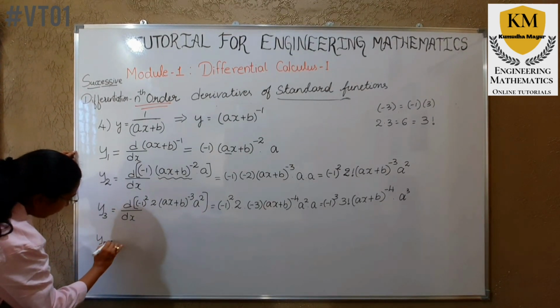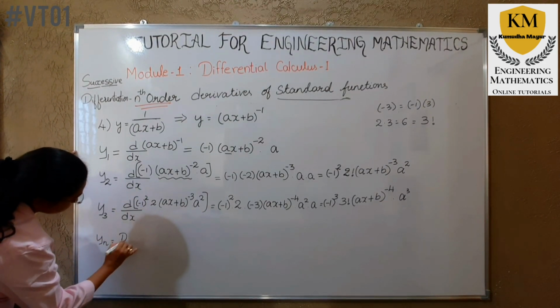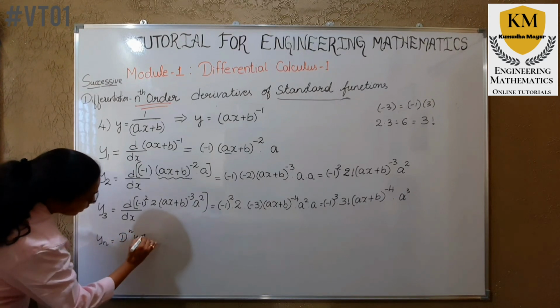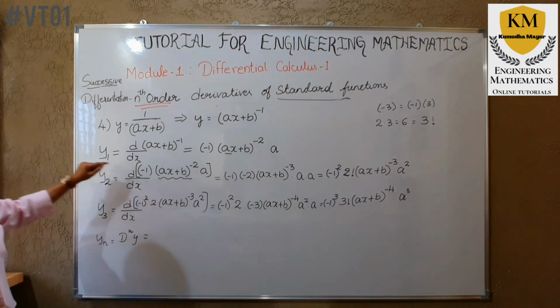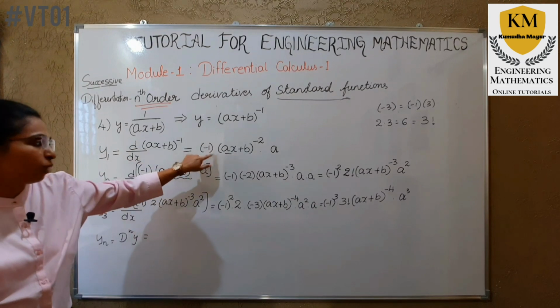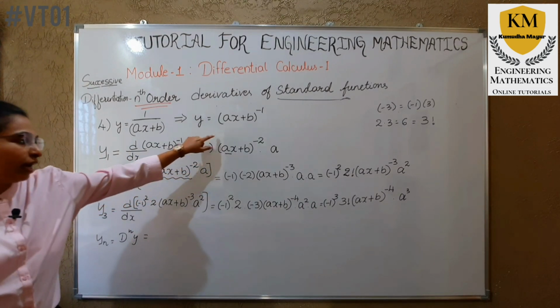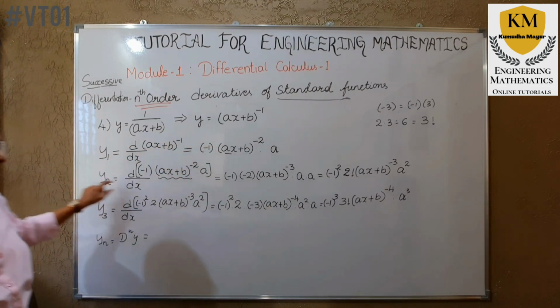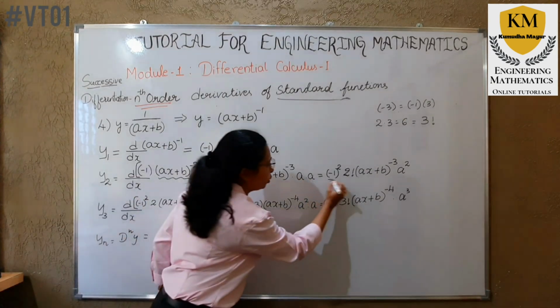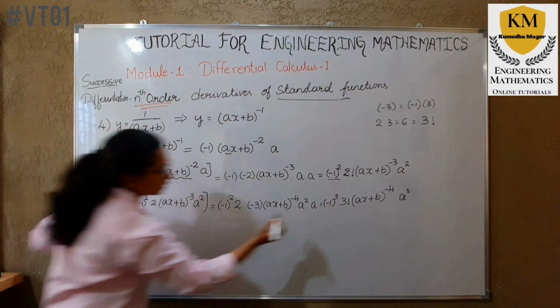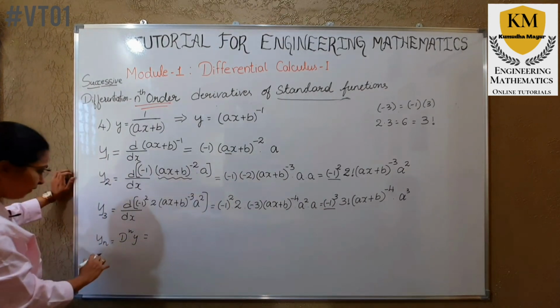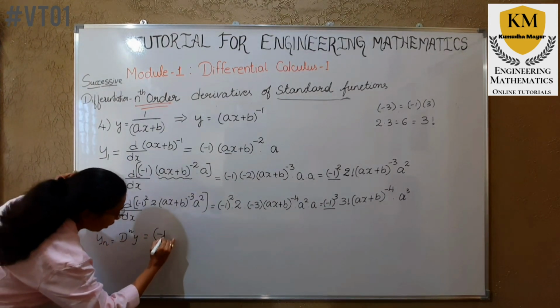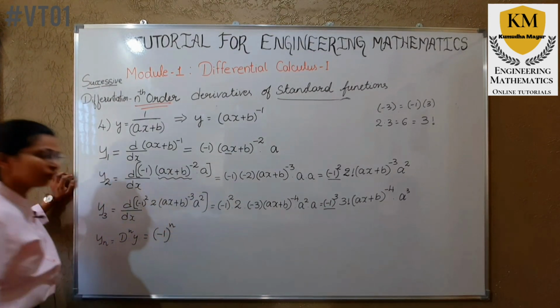So yn is equal to, you can also write it as dn of y is equal to minus, see here, derivative 1, minus 1 to the power 1. Derivative 2, minus 1 to the power 2. Derivative 3, minus 1 to the power 3. Derivative n, minus 1 to the power n. Yes, you are right.